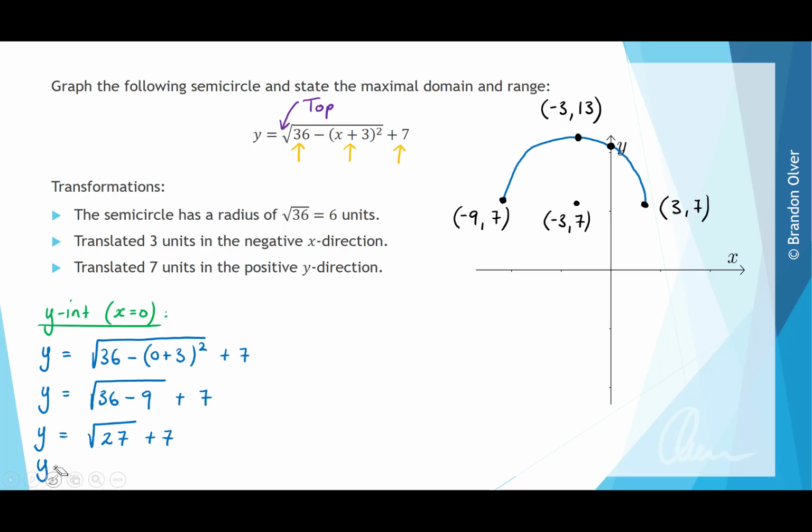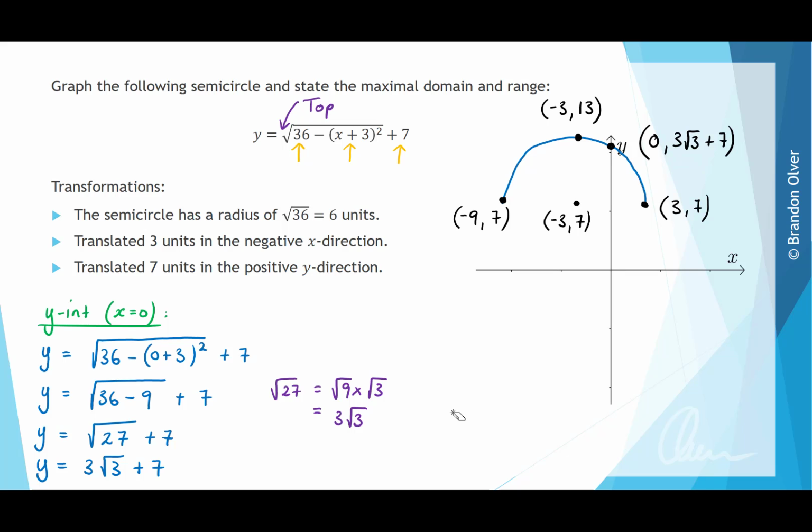If we simplify that down, the square root of 27 can be written as the square root of 9 times the square root of 3, which will give us 3 root 3. So this becomes 3 root 3 plus 7, and that is that coordinate here. So (0, 3 root 3 plus 7) is the y-intercept.